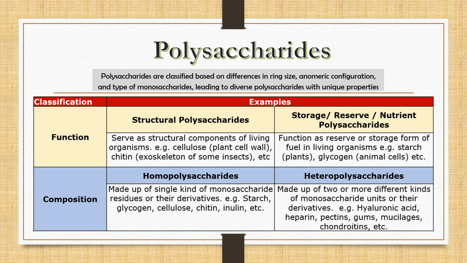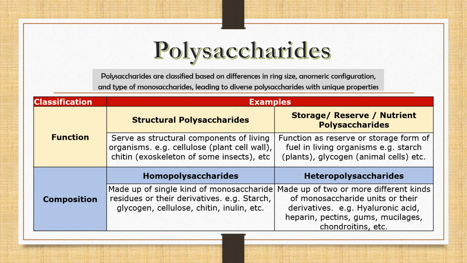The structural polysaccharides serve as structural components of living organisms, e.g., cellulose in plant cell wall, chitin in exoskeleton of some insects, etc. As storage polysaccharides, they function as reserve or storage form of fuel in living organisms, e.g., starch in plants, glycogen in animal cells, etc.